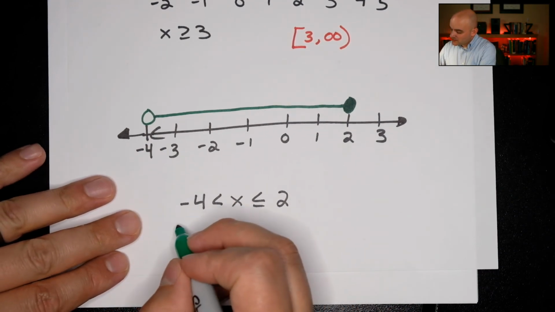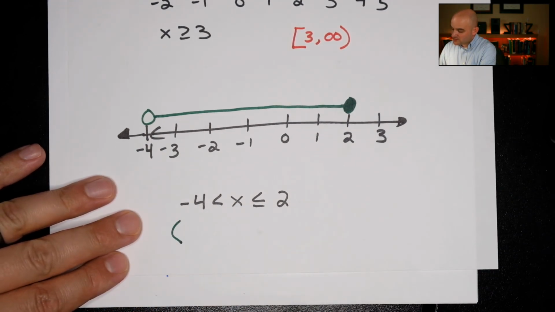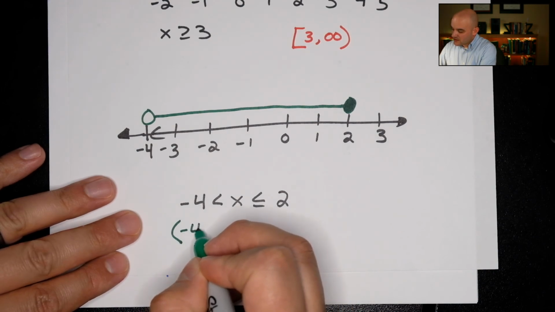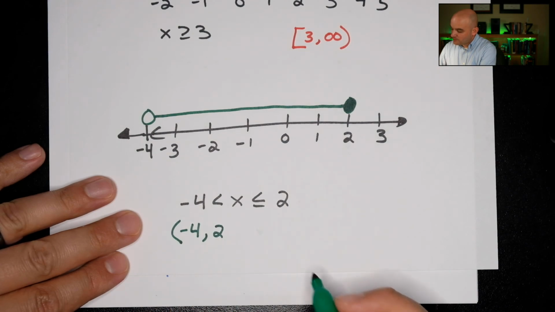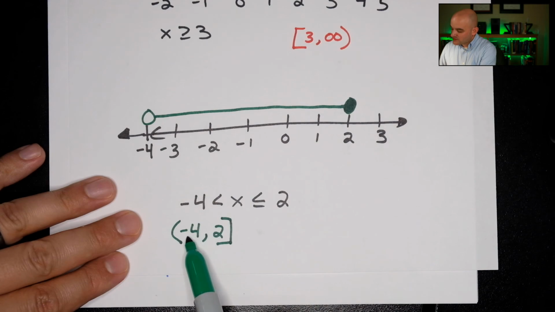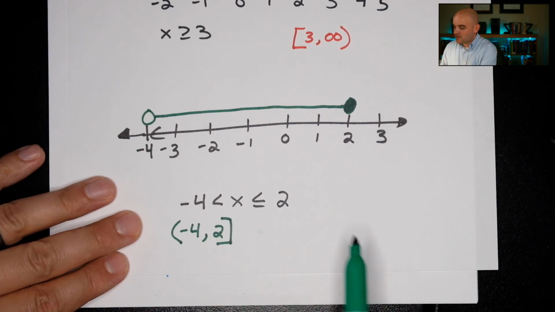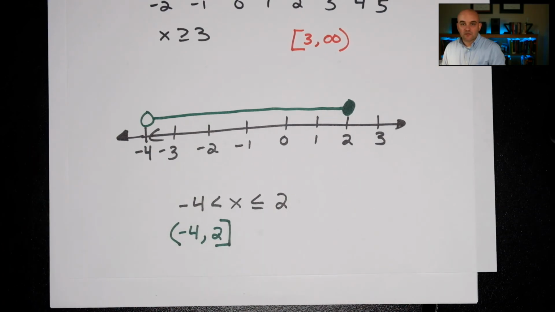So we're going to write this as don't include, that's what the parenthesis means. Start at -4, do not include it, go all the way up to 2, and then include it. That's how we would write that in interval notation.